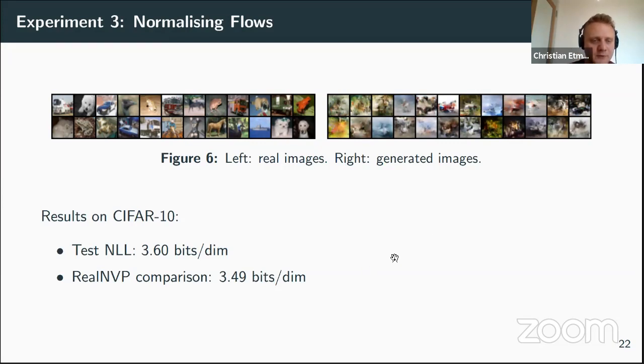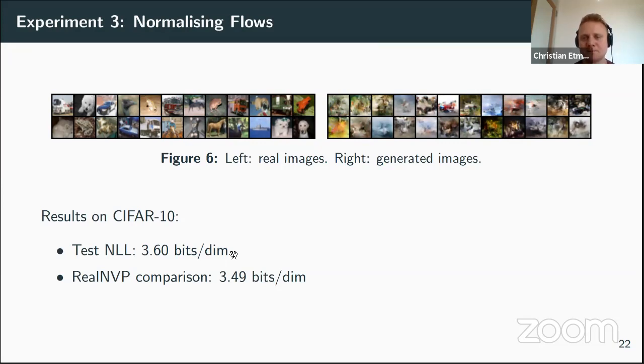And for this first try, we got a test negative log likelihood of 3.6 bits per dimension, which is usually the measure we use to compare normalizing flows. And the most comparable method on this data set yielded 3.49 bits per dimension. So we were somewhat close, I would say, but still not better.